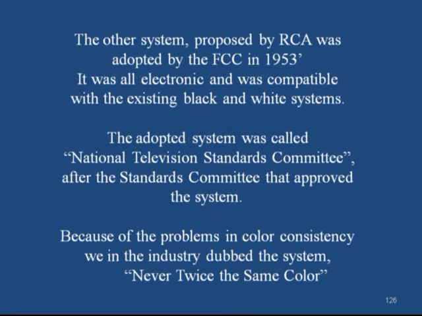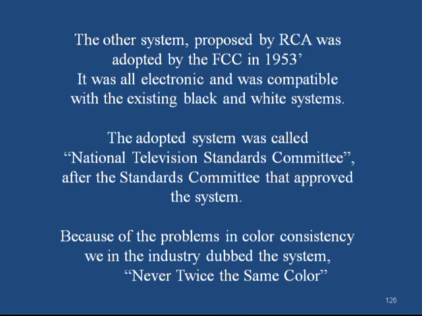The other system, proposed by RCA, was adopted by the FCC in 1953. It was all electronic and was compatible with existing black and white systems. The adopted system was called the National Television Standards Committee, after the committee that approved that system.